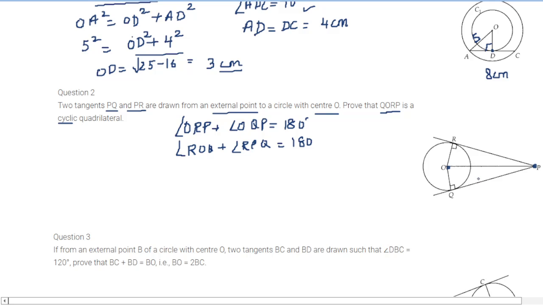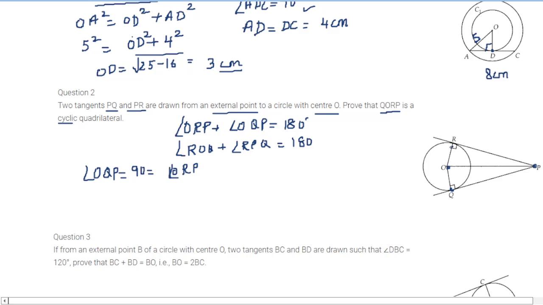Now as we know that PQ is a tangent to the circle, Q is the point of contact, and OQ is a radius, it means the measure of angle OQP will be equal to 90 degrees. Similarly, angle ORP is also 90 degrees, as PR is a tangent to the circle.